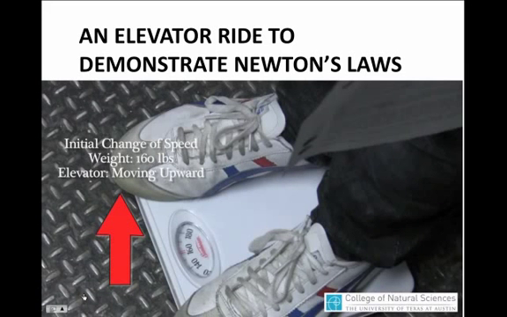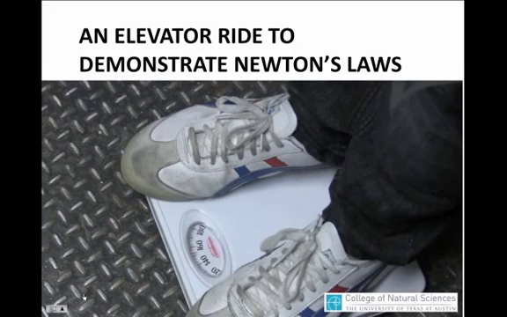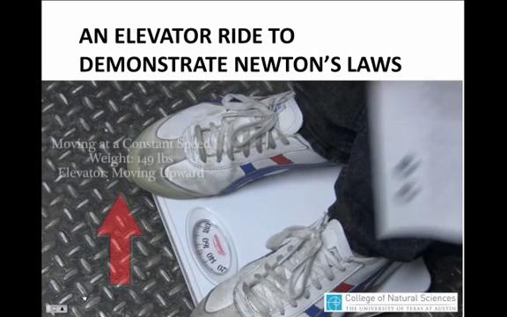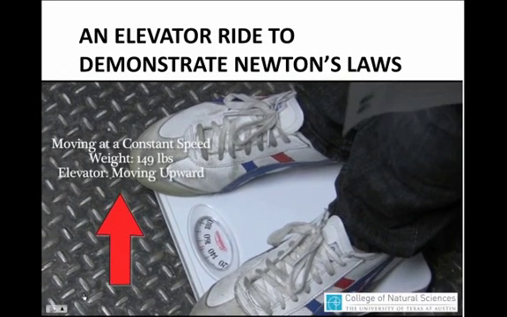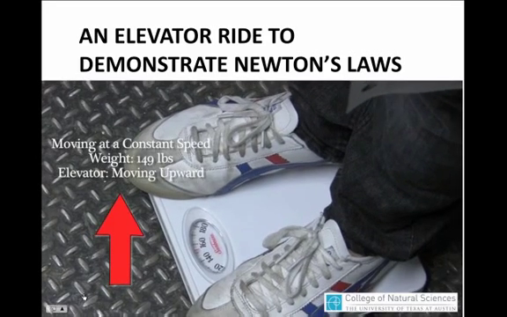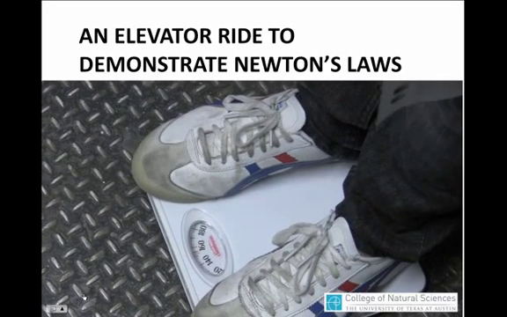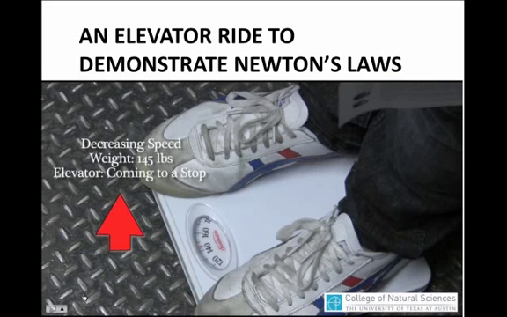Went up to 160. Now we're moving at a constant speed, and what's your measurement right now? 149. Okay, we're going to slow down in a second. Let's see what happens. Went to like 145. Down to 145 while we're slowing down.